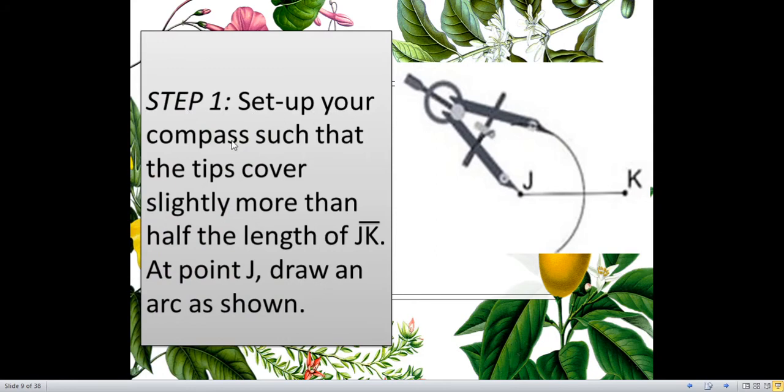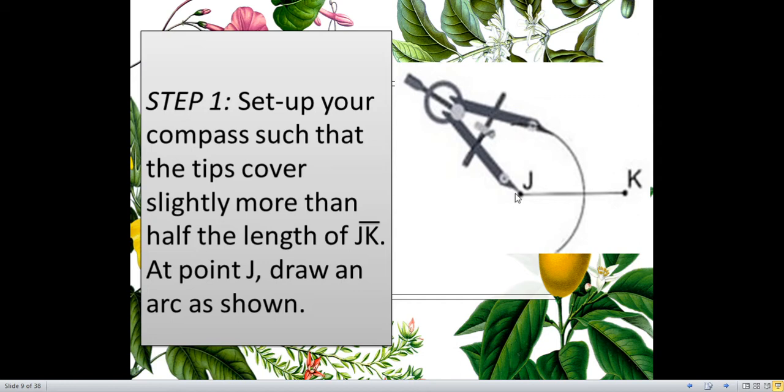Set up your compass, such that the tips cover slightly more than half the length of JK. The other point of the compass should be on your point J. Make sure that the other point is more than half of your line segment JK.